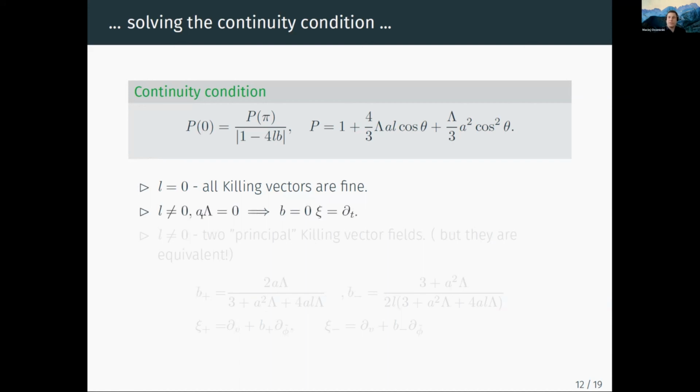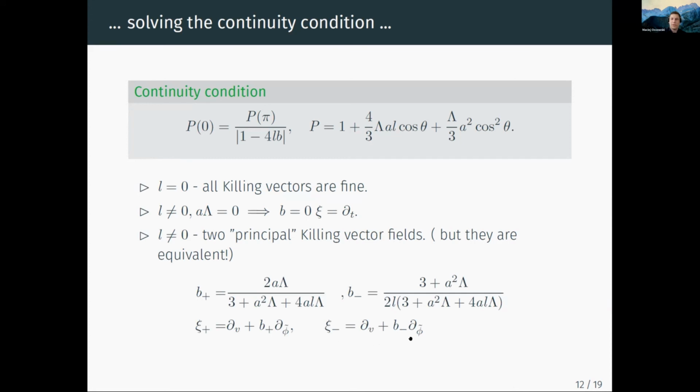If L is equal to 0, but either A or lambda is 0, then we can, as in the Taub-NUT case, perform the gluing using the ∂/∂t Killing vector. And in the generic case, we have two principal Killing vector fields, as we call them. But luckily, they are equivalent in the sense that they generate the same geometry.